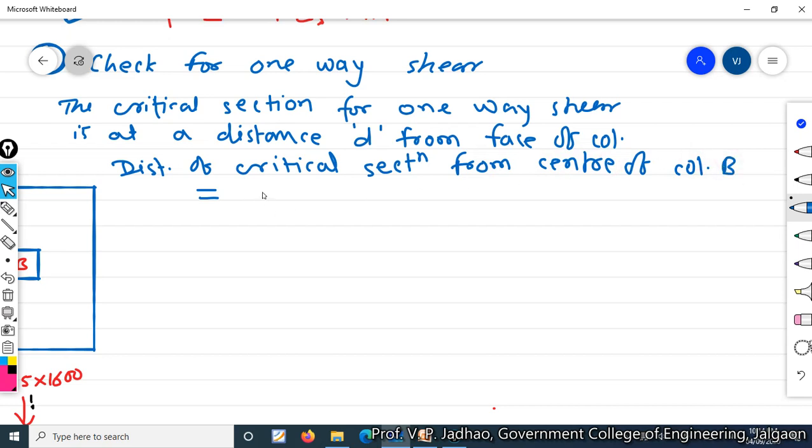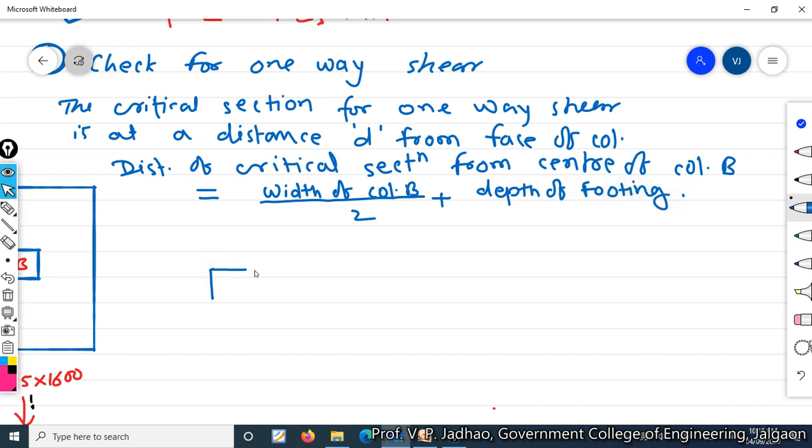will be equal to width of column, let us consider B, divided by 2 plus depth of our footing. How are we considering this? Let us consider the width of this column is small b and this critical section is acting at a distance small d.